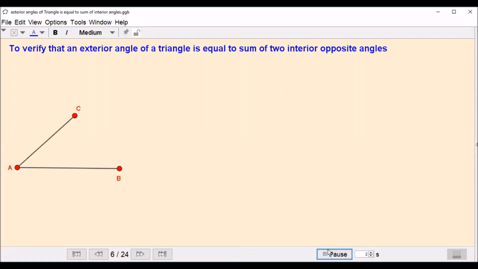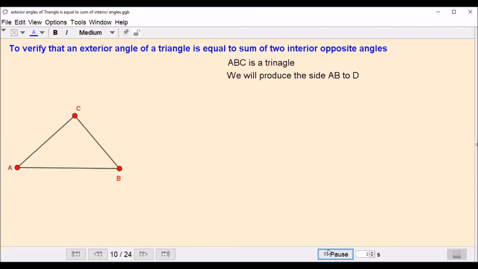When a side of a triangle is produced, we get an exterior angle. So we'll produce side AB to D. Then CBD is the exterior angle of ABC.